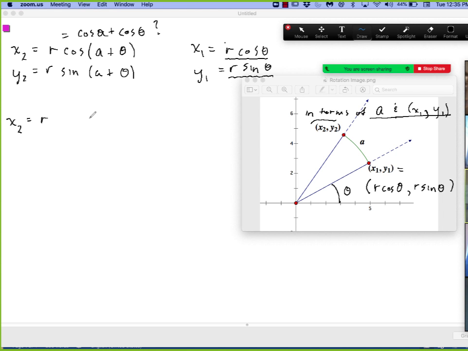Is it cosine theta times cosine A plus sine theta sine A? You're onto it. There's an identity for the cosine of a sum: it's the cosine of the first times the cosine of the second minus the sine of the first times the sine of the second.